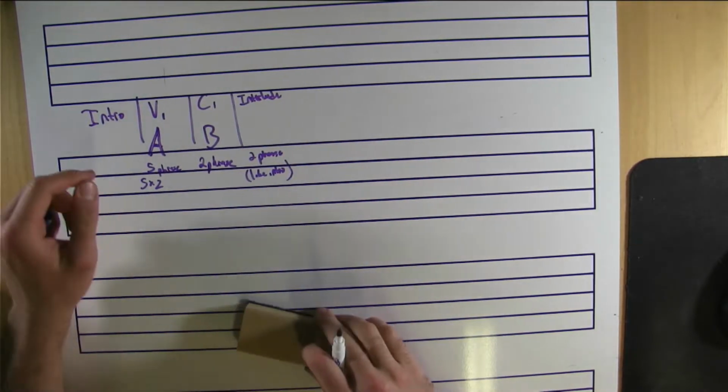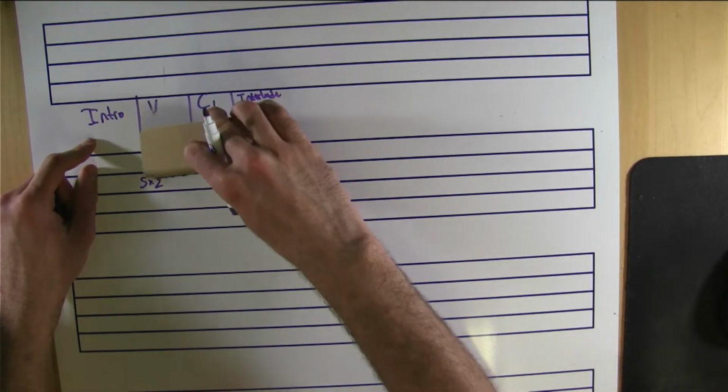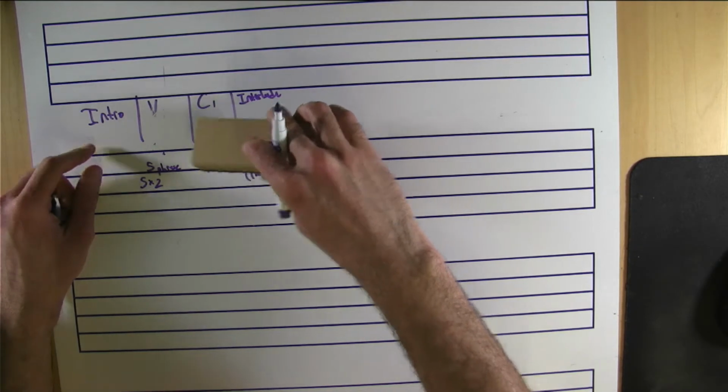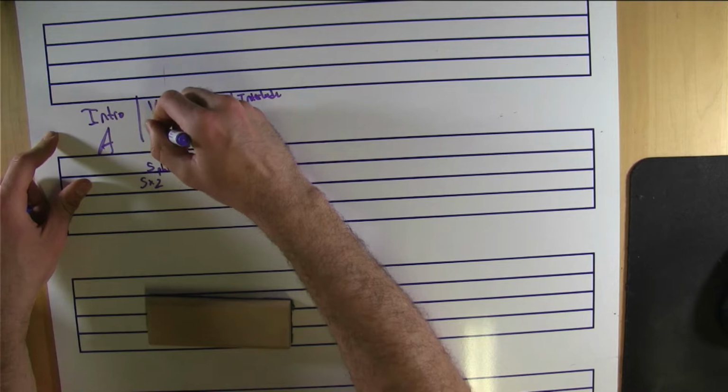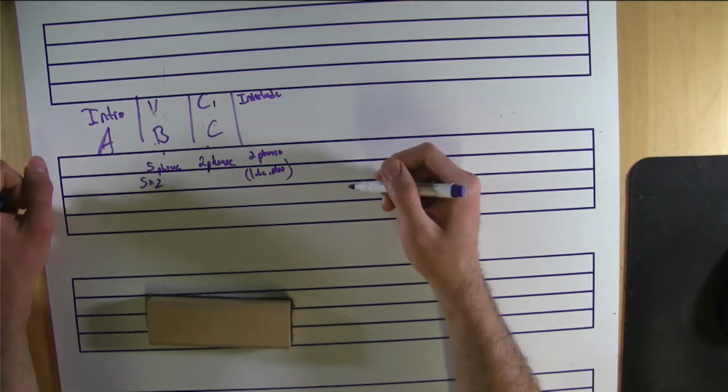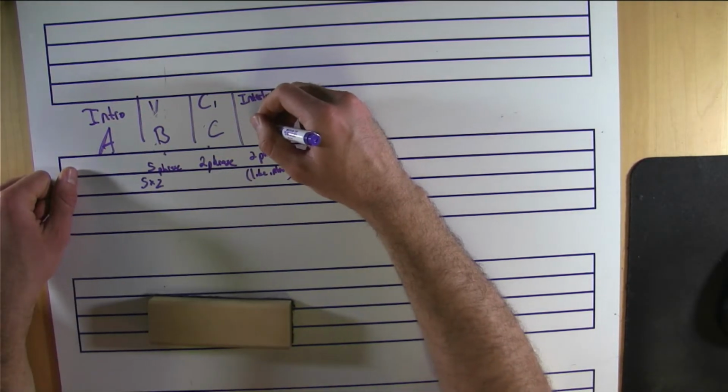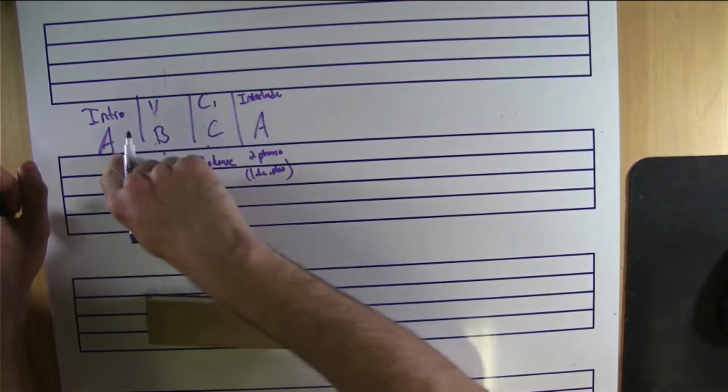And to show how it's like the intro, we're going to change these letters here. We're going to say the intro is A, the verse is B, and the chorus is C. And then we can come back to the interlude and say it's kind of like the intro.